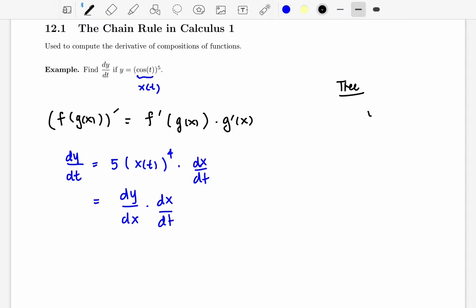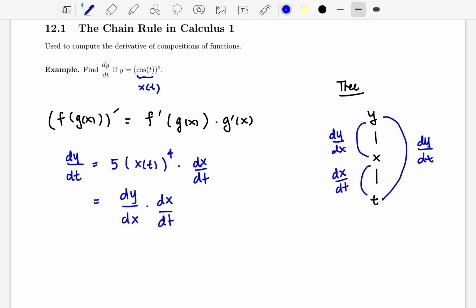If I have y as a function of x and x is a function of t, and I want to find the derivative of y with respect to t, I want dy/dt, you have to go through x first. This would be dy/dx and then dx/dt. And see how I'm using d and not the partial, because y depends on x and x depends on t.